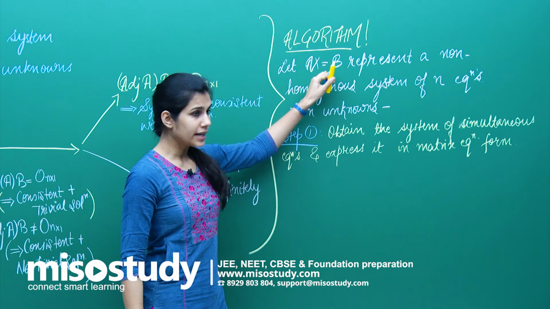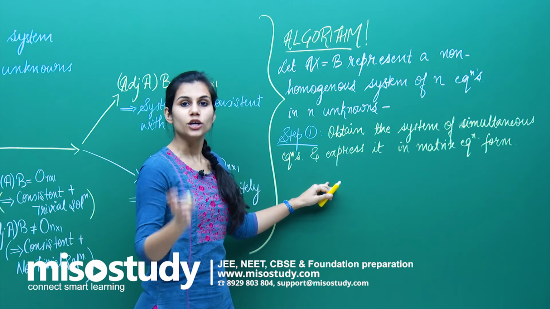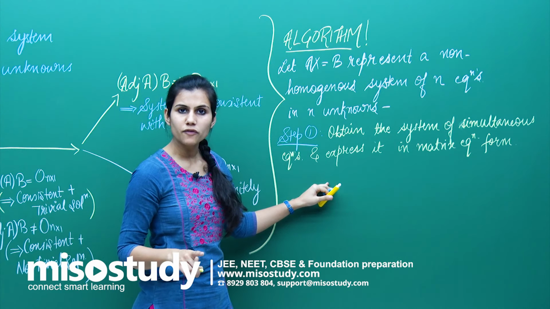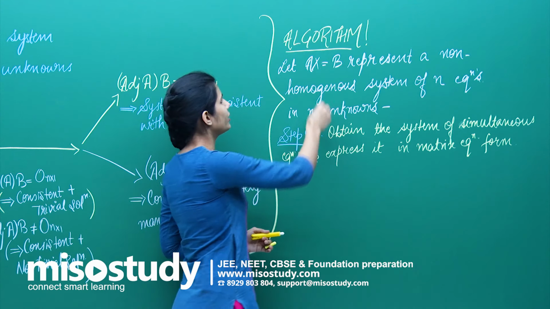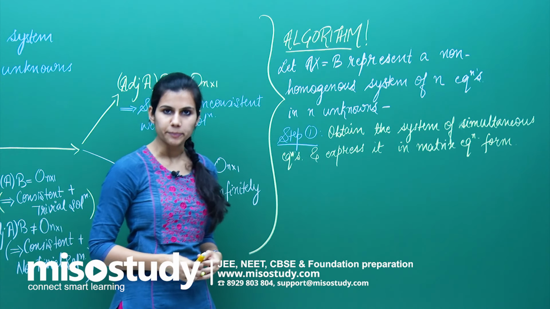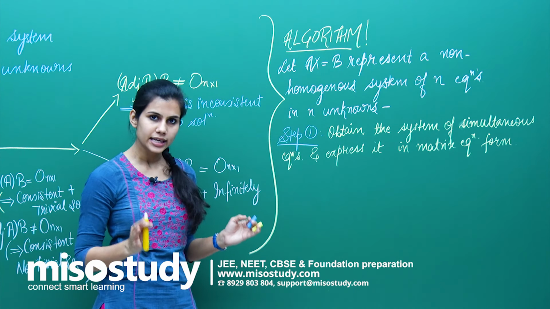So if you have not done this, the first step says do this. You have a system of equations, express it in matrix equation form to obtain the equation like Ax equals B for some coefficient matrix A.